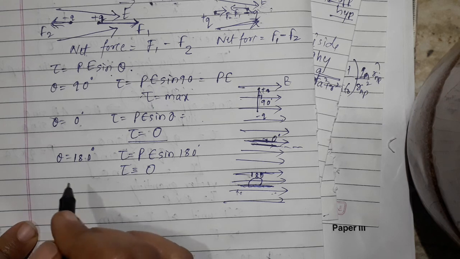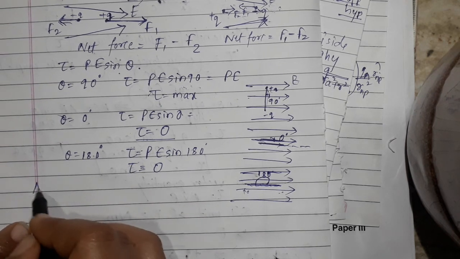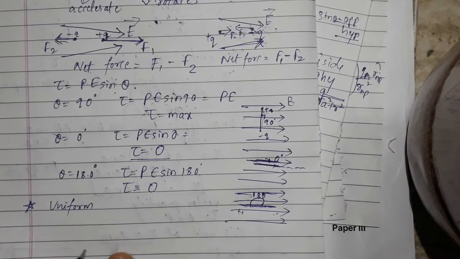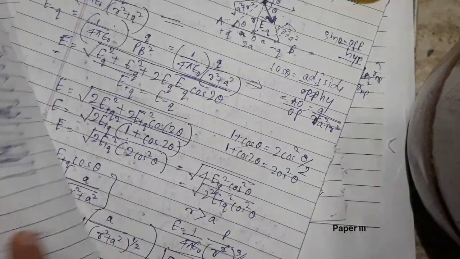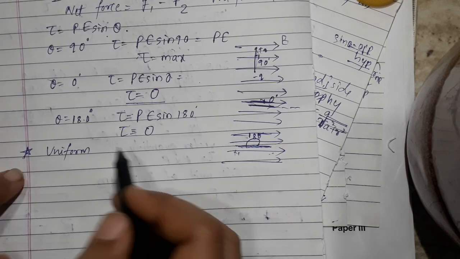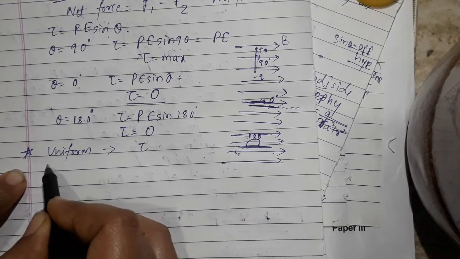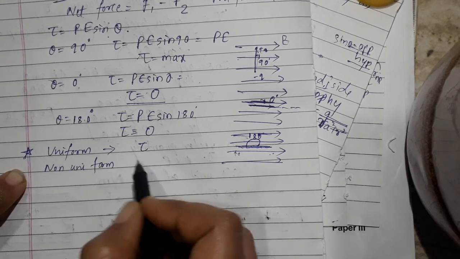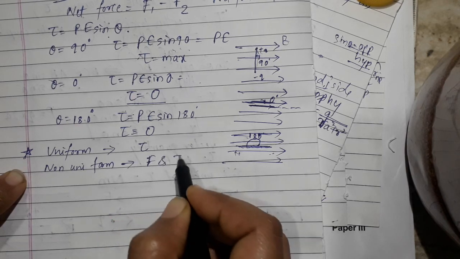In a uniform electric field, a dipole experiences only torque. This is the main point, as we have seen in these three cases. Only in a uniform electric field does the dipole experience only torque, while in a non-uniform electric field it experiences a net force and a torque.